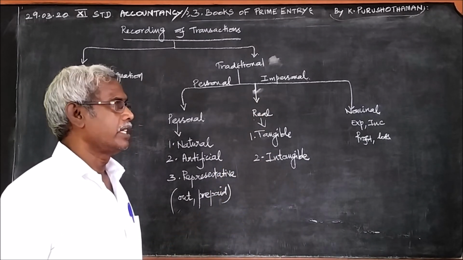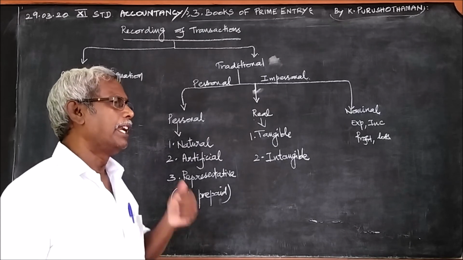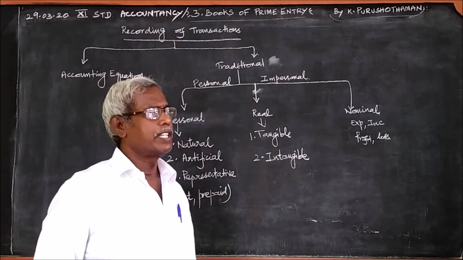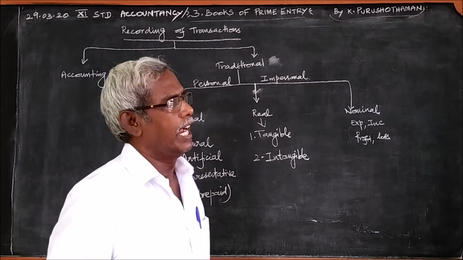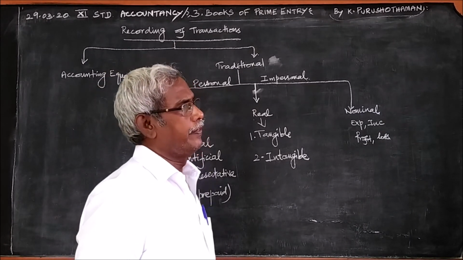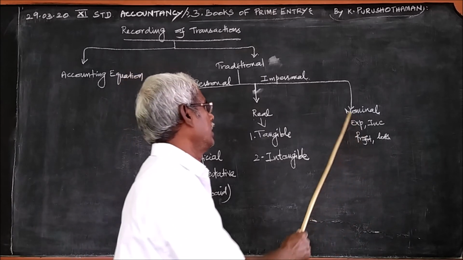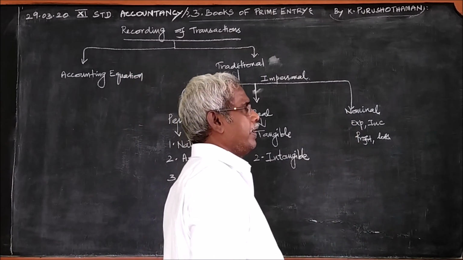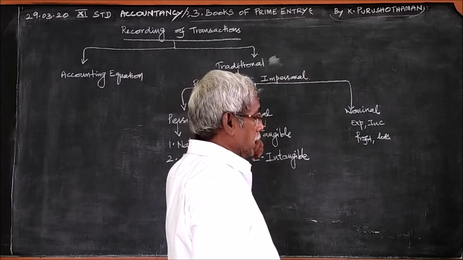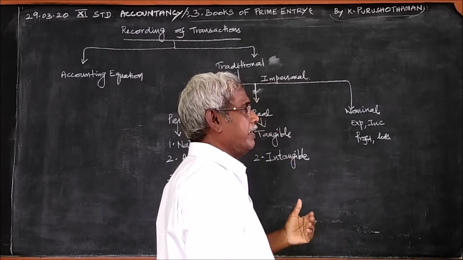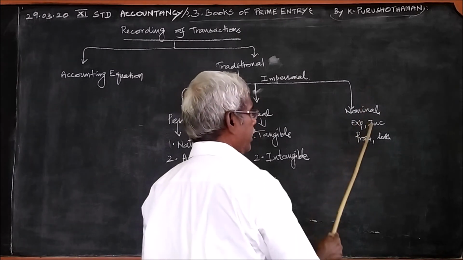The third one is nominal. This is regarding the expenses, income, profit and loss. All these things are coming under nominal account. If you have made any expenses, that is nominal account. If you had received any income, it is nominal account.